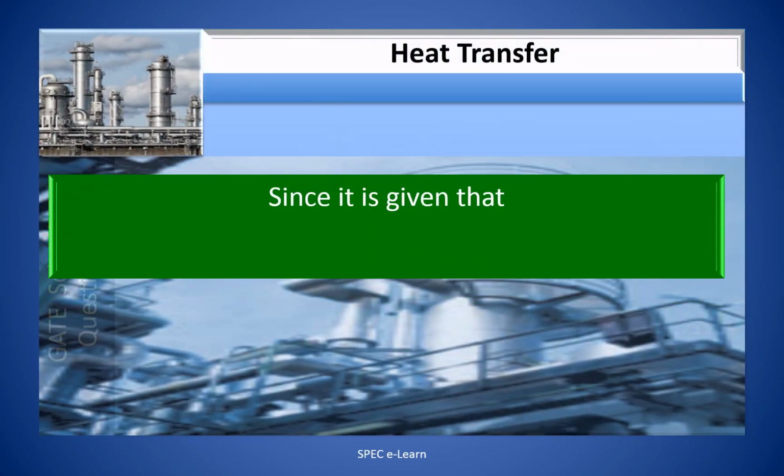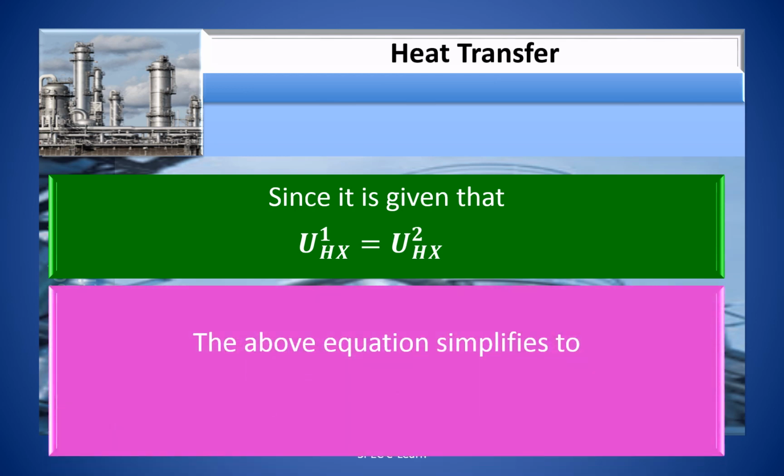Since it is given that U1HX equal to U2HX, the above heat transfer equation simplifies to A1HX times delta T1 ln HX equal to A2HX times delta T2 ln HX.